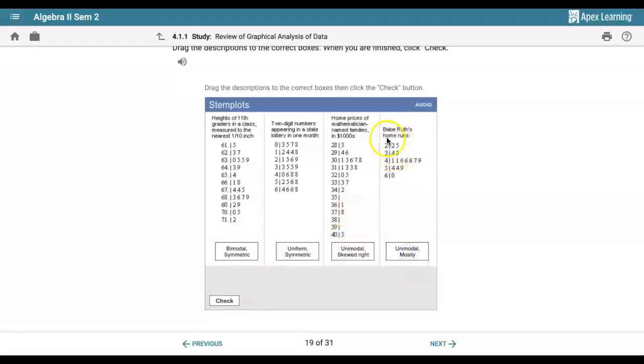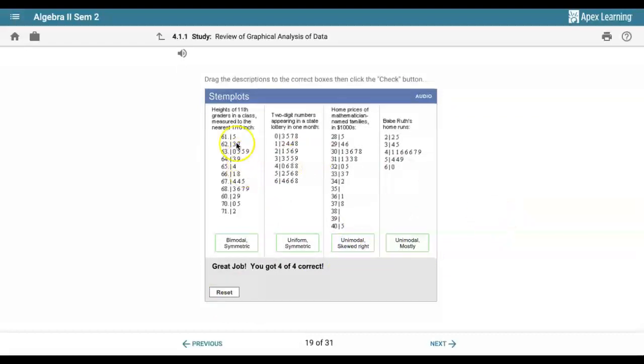And that's going to make this one unimodal, and probably mostly symmetric. So I just looked at this and treated it like it was a sideways histogram. That's one way of looking at that.